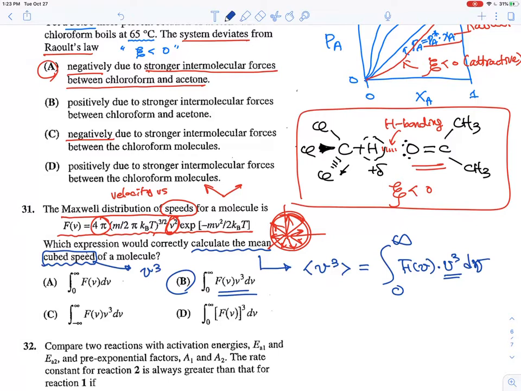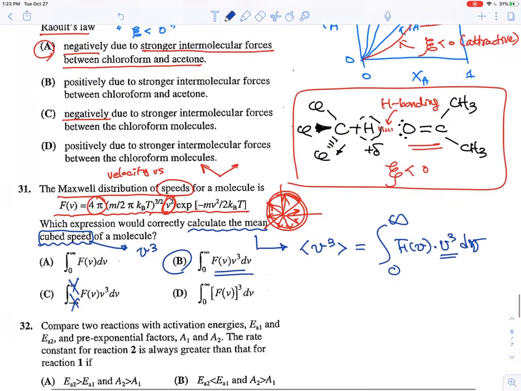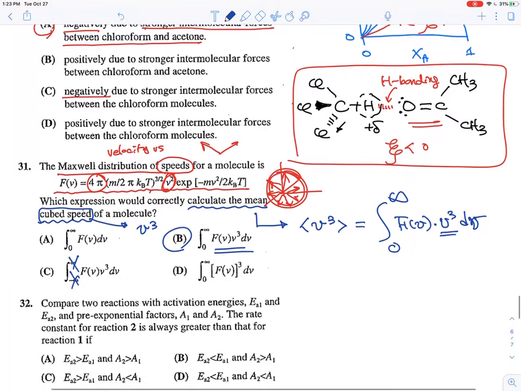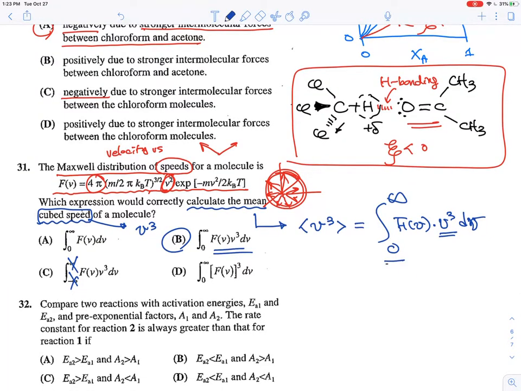This other one cannot be true because that's for velocity, which can go back and forth with any negative value, but speed-wise we only care about the magnitude, so that's why this is a speed.